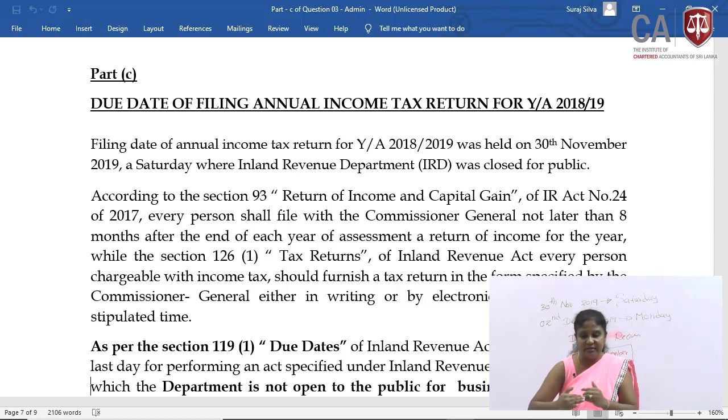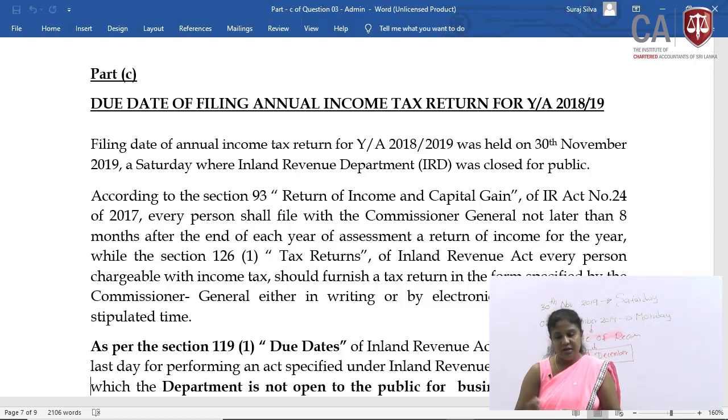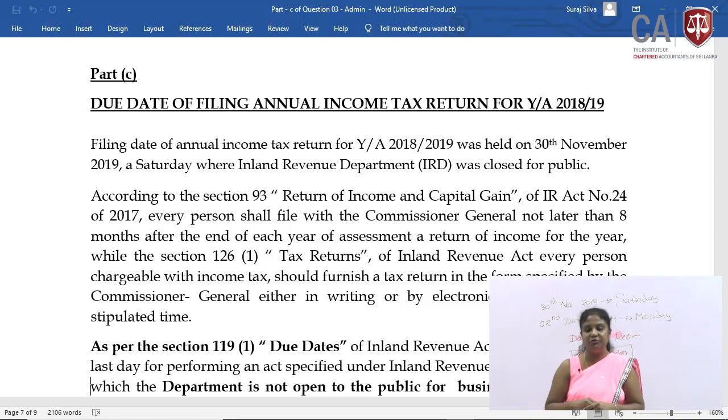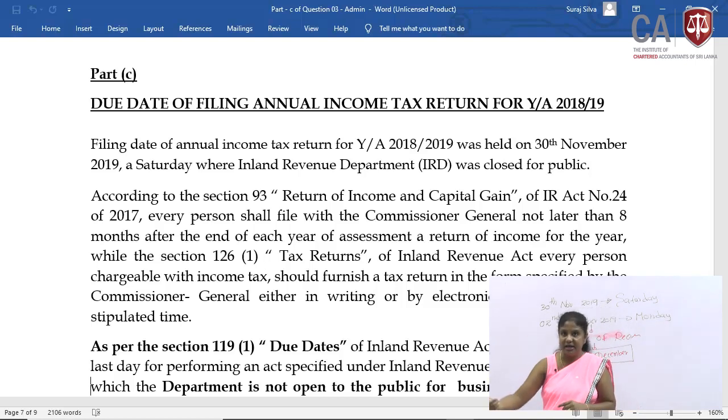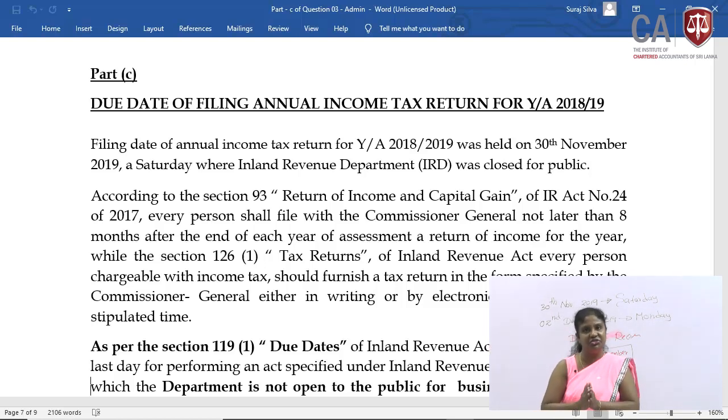If so, under section 126 as well as section 93, they shall furnish the income tax return to the Commissioner General of Inland Revenue, in the form specified by the CGIR, either in writing or by electronic means, that means the online system, Revenue Administrative and Management Information System, which is RAMIS. These are the particular provisions in the Act.